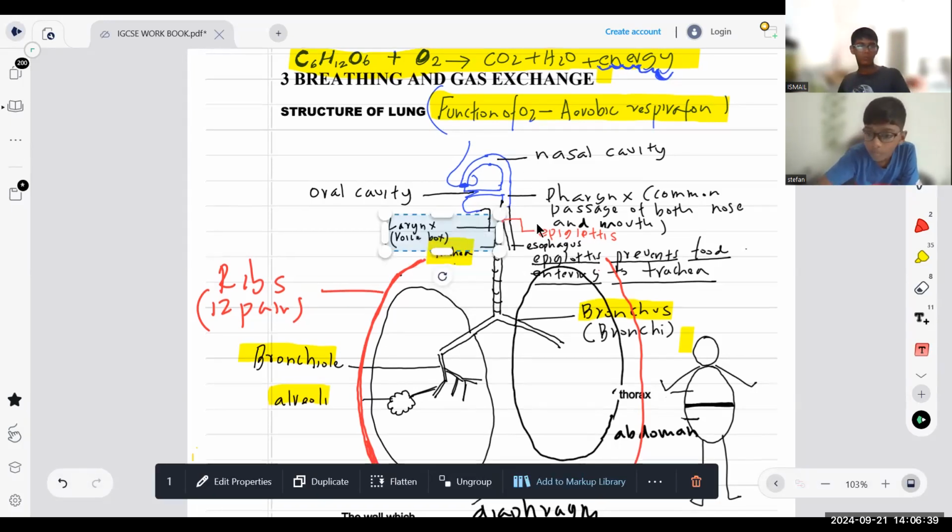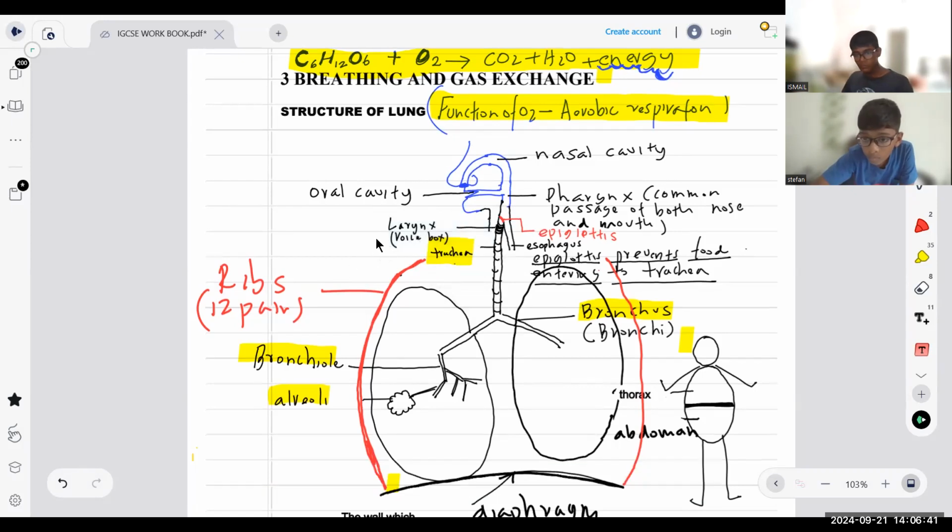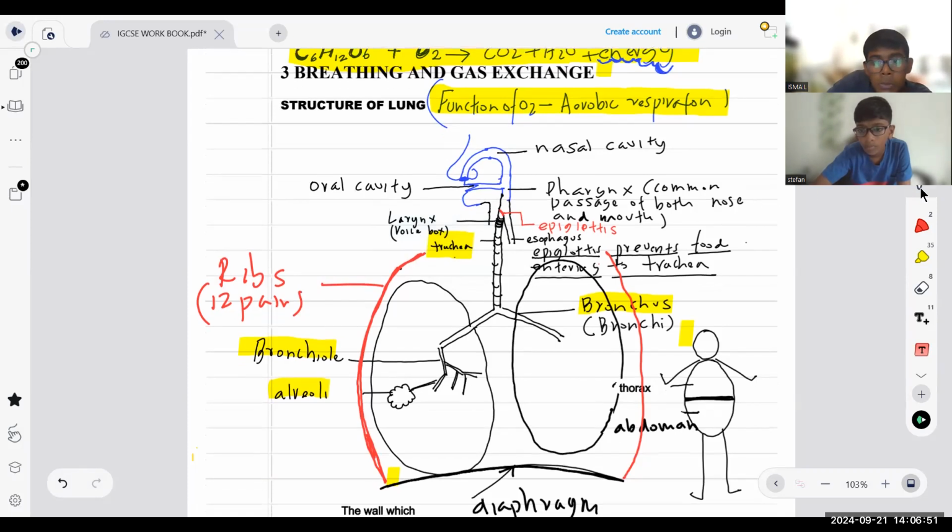So we learned the importance of these parts, and then we learned the main branching: trachea, bronchus, bronchiole, alveoli. So one is trachea, two is bronchus, three is bronchiole, four is alveoli.